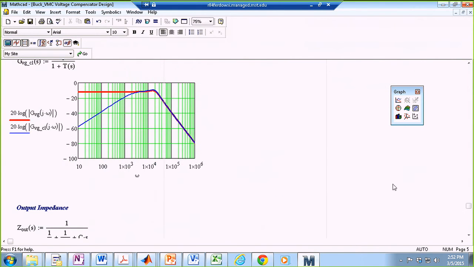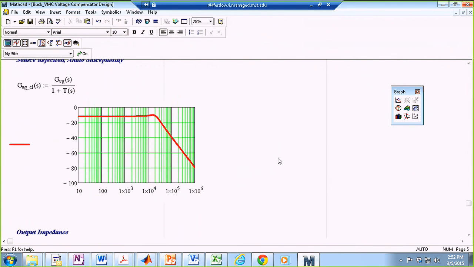At the same time, adding that gain of 10 puts this new line to output transfer function in more negative territories. So now if you see at 100 hertz, which is, by the way, you have to convert 100 to radians per second, so it's about somewhere around here, I get some extra attenuation over here.